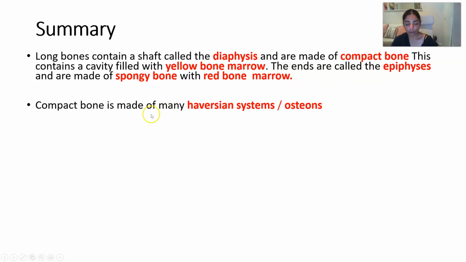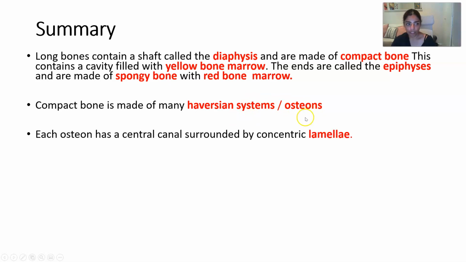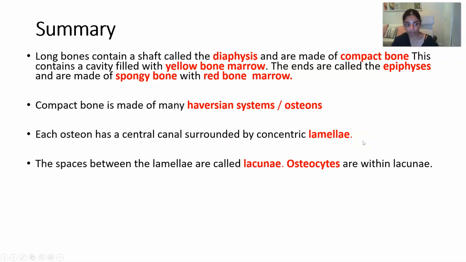Now, compact bone is made of many Haversian systems or osteons. You can use either terminology. Each osteon or Haversian system has a central canal surrounded by concentric lamellae or layers. The spaces between the lamellae are called lacunae, and within the lacunae you will find osteocytes or bone cells.